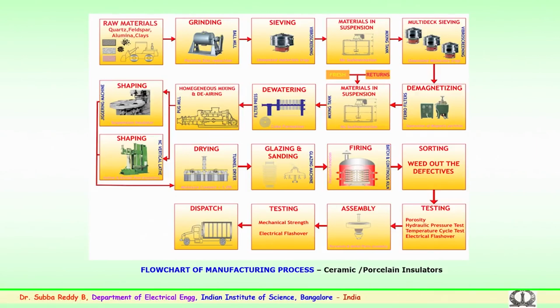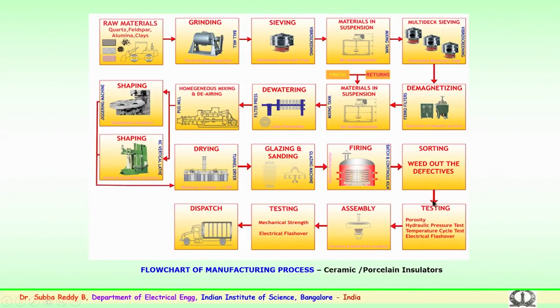Then the samples obtained after the firing are sent for testing, which is known as the internal or routine testing done in the factories. These tests mainly look into the porosity, whether any voids are present in the samples during the manufacturing process, or whether they can withstand hydraulic pressure, temperature cycle and electrical flashover tests.